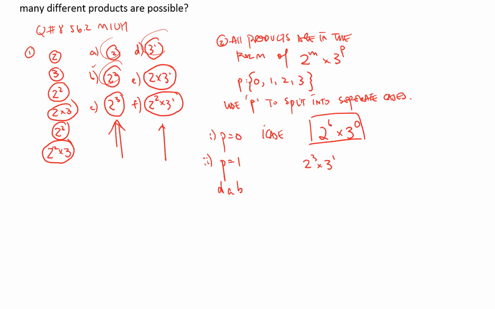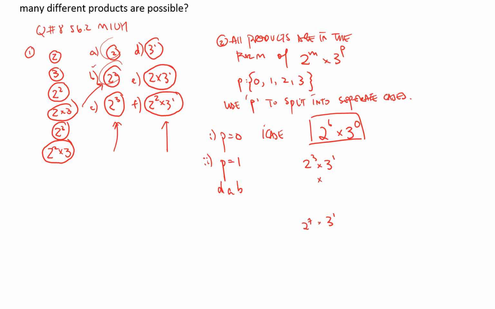So that is the lowest power of 2 when it's 3 to the power 1. The biggest is where I would use 2 squared, with this one and that one. So I'll have 2 squared, 2 cubed, and 2 squared. So 2 to the power 7.